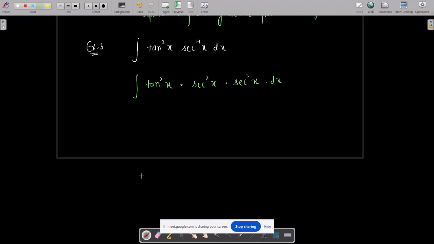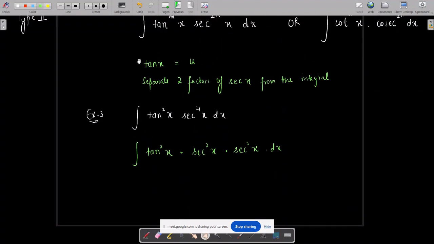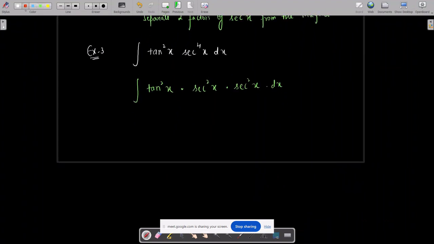Now, as I said, we will use this substitution. Tangent of x, we will take it as u. So let's substitute tangent of x as u.